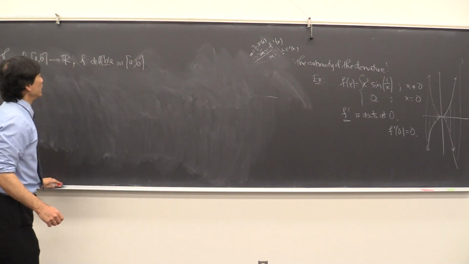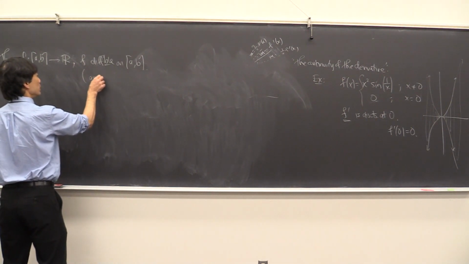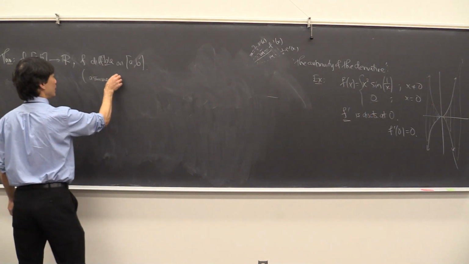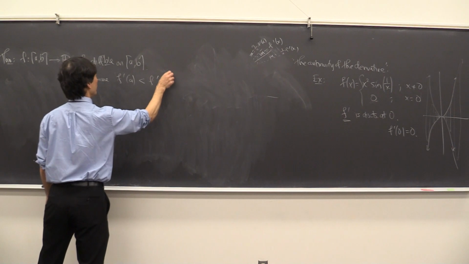So you have a function, it's differentiable on [a, b], and let's just, for convenience, assume that the derivative at a is smaller than the derivative at b.